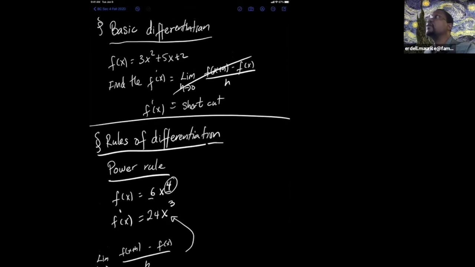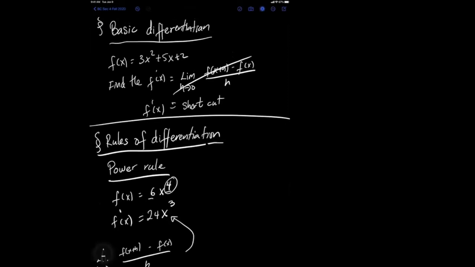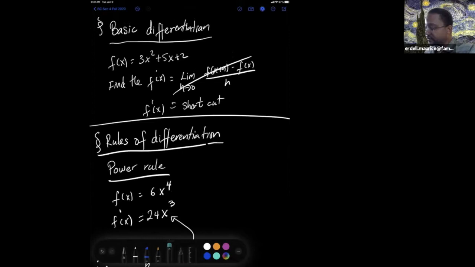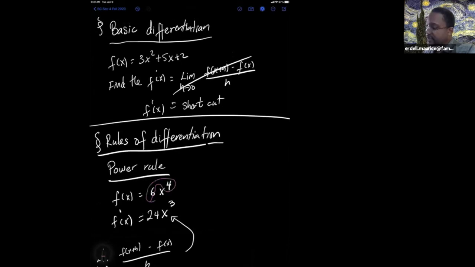Right, and so for our differentiation, the first thing, differentiation part A, is you multiply the coefficient by the power.